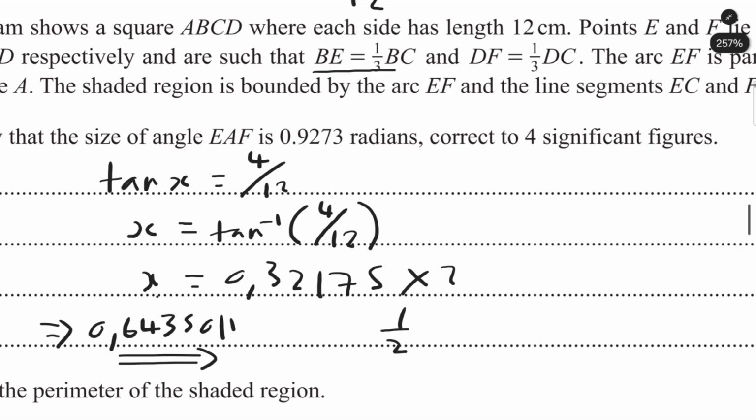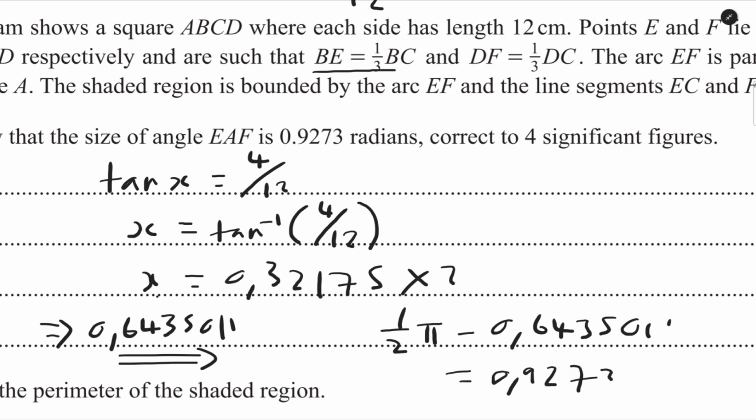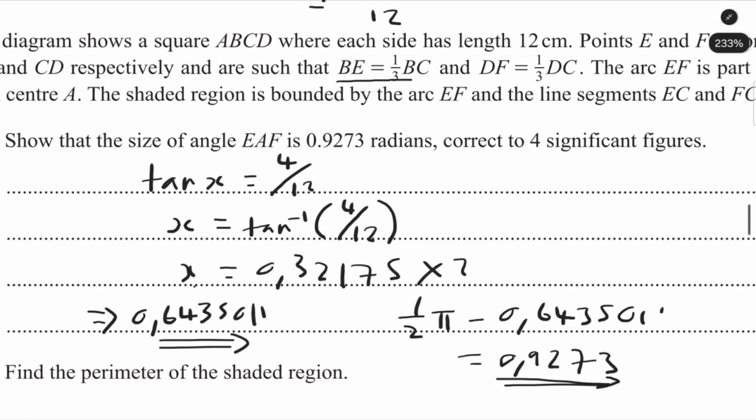So it will be half pi minus 0.643511, and this gives us 0.9273, correct to 4 significant figures, right?